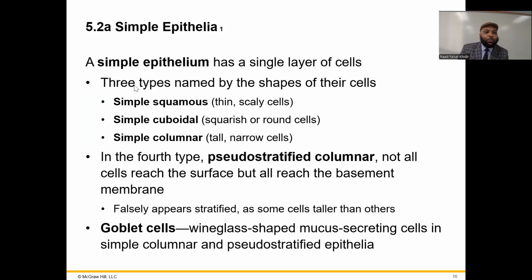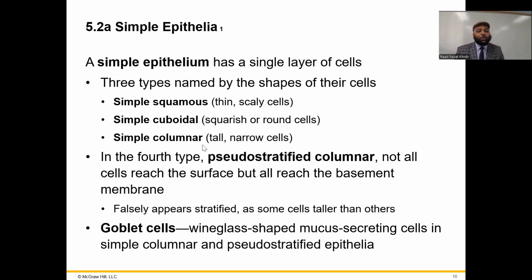So look at here. That's what we have. 3 types named by the shapes of the cells. There are simple squamous cells. These are thin, scaly cells. These are simple cuboidal, which are squarish or round cells.